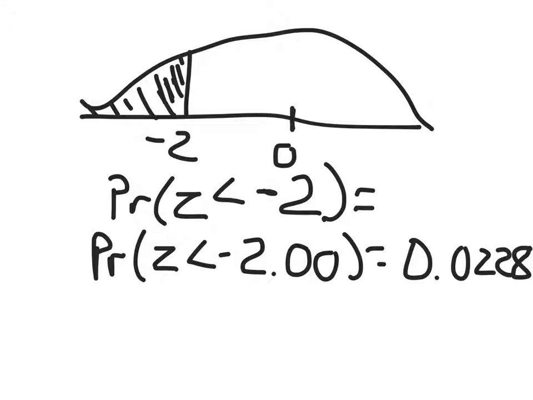All right. Now, what if I want another one? All right, now what if I want instead the probability that z is greater than 1.57?